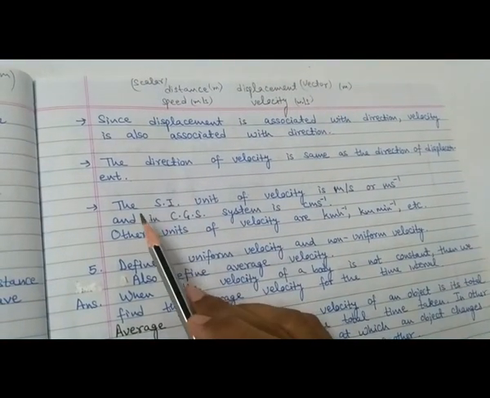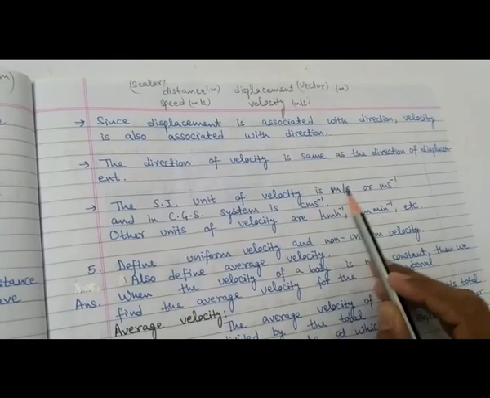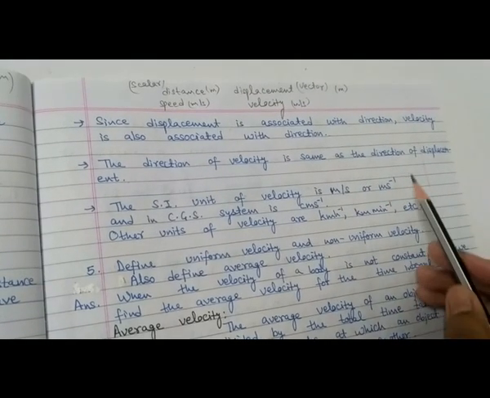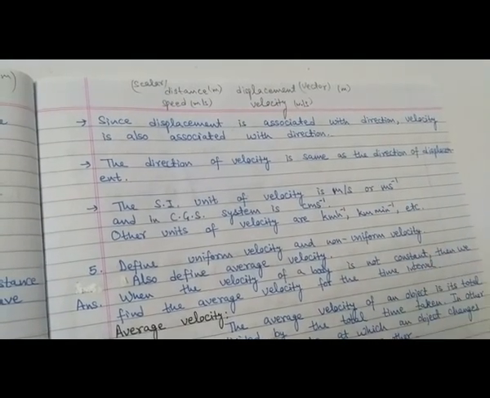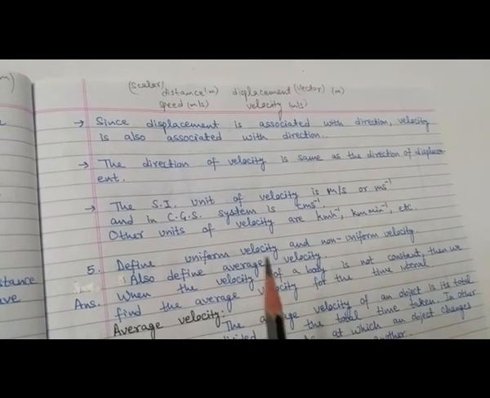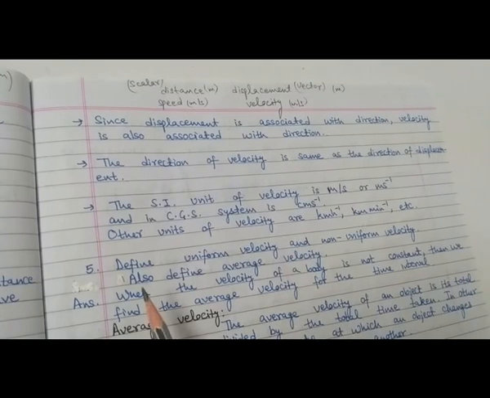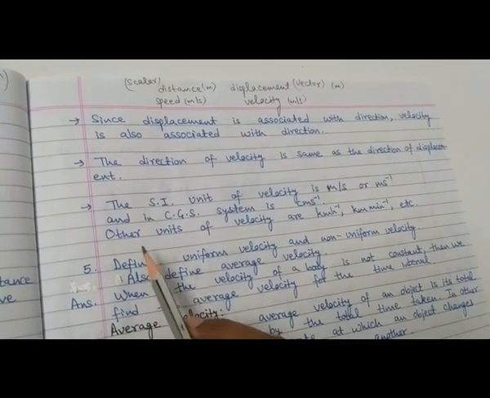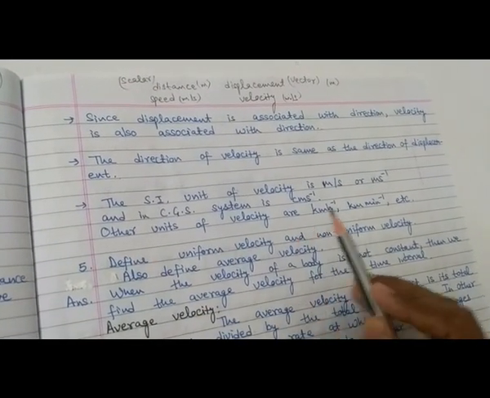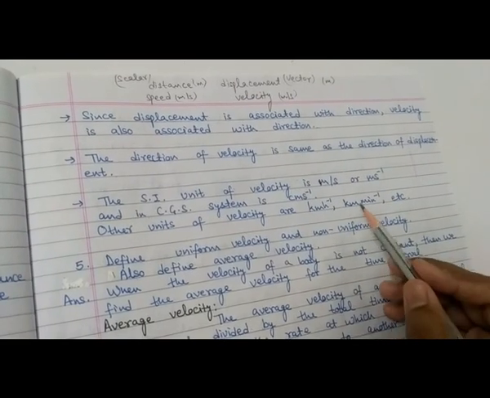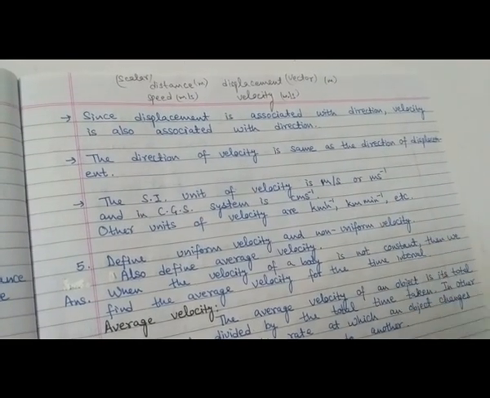So the SI unit of velocity is meter per second, the same as speed. In the CGS system it is centimeter per second. Other units of velocity are kilometer per hour, kilometer per minute, etc.